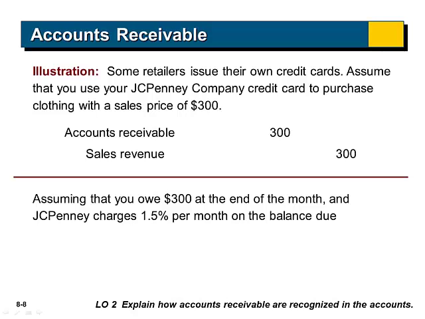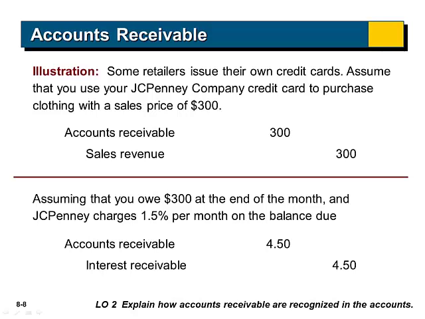They've earned that revenue. Now assume that you owe $300 at the end of the month toward that credit card, and that JCPenney charges 1.5% per month on the balance due. If you haven't made any payment against that account, you are accruing interest, and JCPenney is earning additional interest from you.